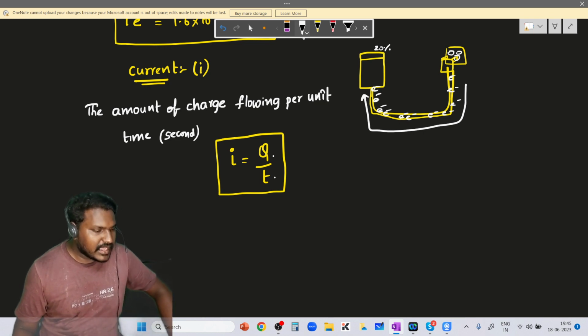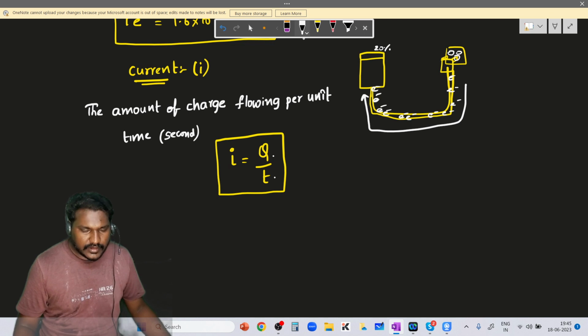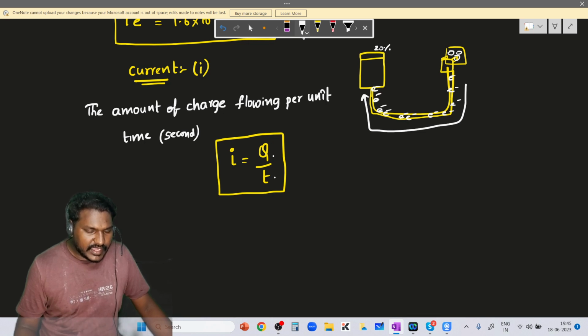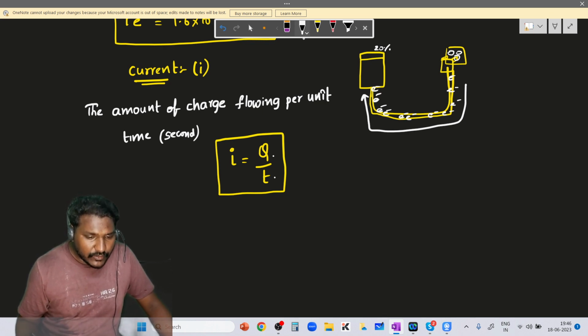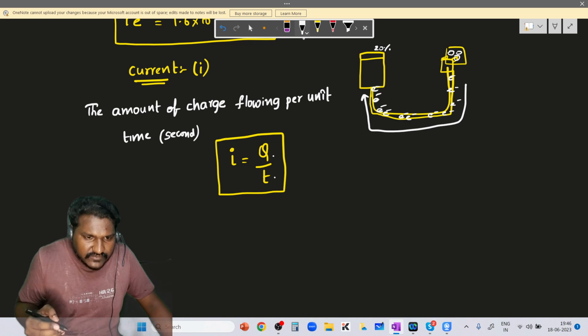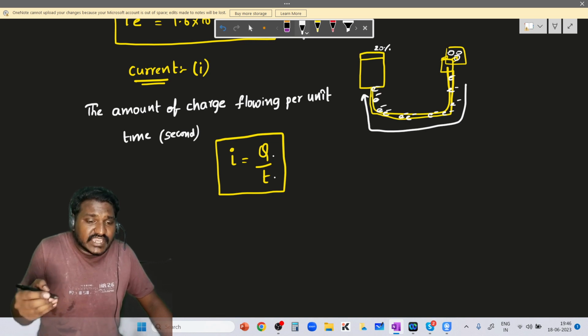Now here I'll introduce a new word called rate. Remember this point: any quantity, if it is changing with respect to time, then we can use a word called rate of change.